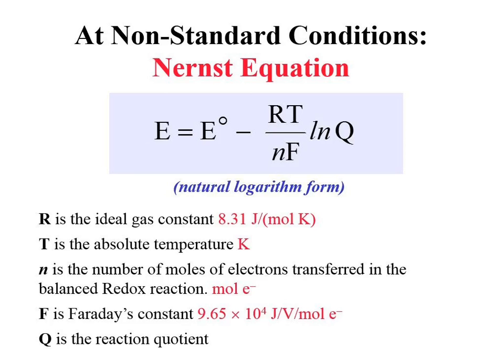And the Q will cover non-standard molar concentrations, big M for molar concentrations. Of course, this would be non-standard temperature. See, I can't write with the stylus. Okay. So that's the Nernst equation.